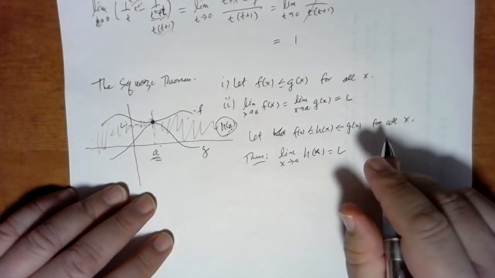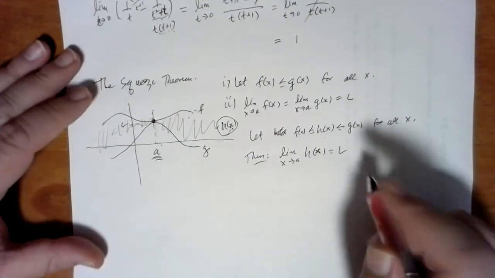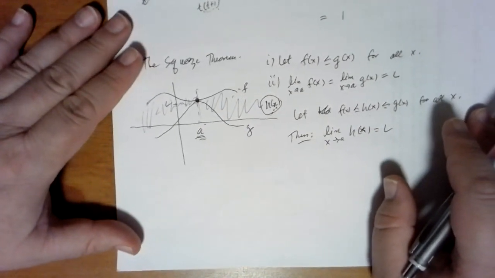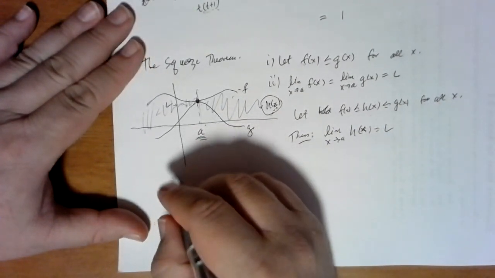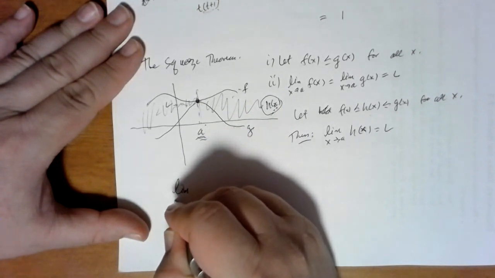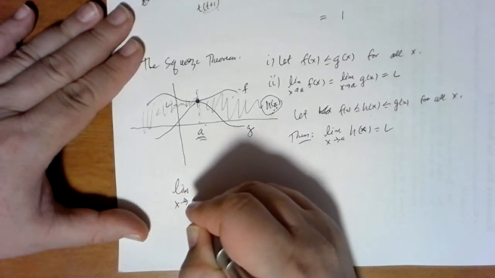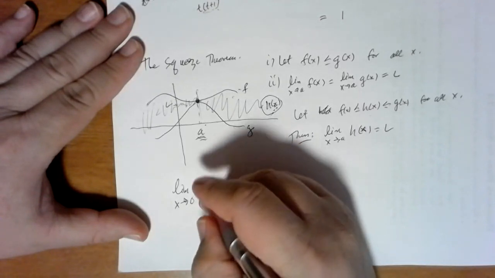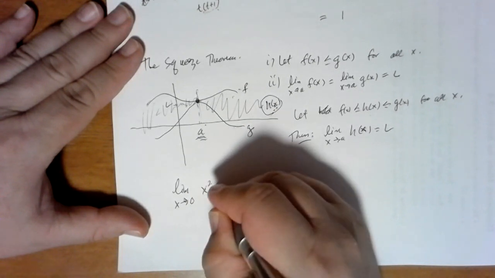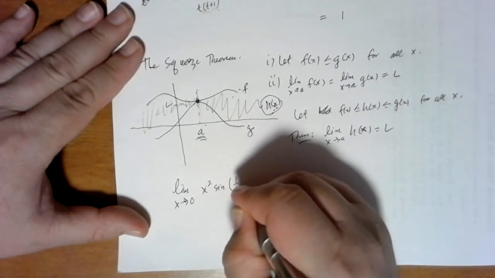Now, to use the squeeze theorem, typically the hard thing is to find the upper and lower functions. It can be kind of a hard thing to do. Let's take a look at an example. x going to 0. Let's say x squared sine 1 over x.